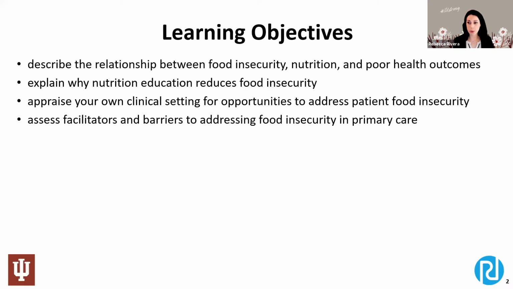For those of you who are clinicians, I want you to think about when you're caring for patients, how can you start to implement and address approaches to food insecurity? There'll be an opportunity later for some discussion around that point. And finally, we'll need to assess and acknowledge some of the facilitators and barriers to addressing food insecurity in the clinical setting.